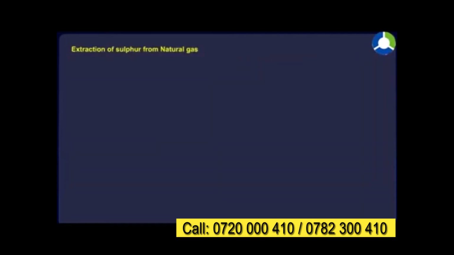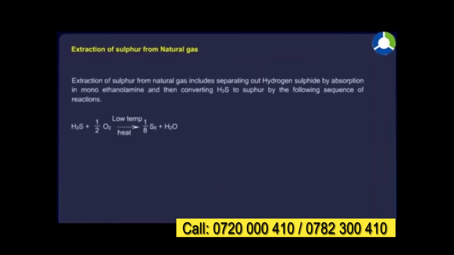Extraction of sulfur from natural gas. Extraction of sulfur from natural gas includes separating out hydrogen sulfide by absorption in monoethanolamine and then converting H2S to sulfur by the following sequence of reactions. H2S heated with half O2 at low temperature gives 1/8 S8 and H2O.